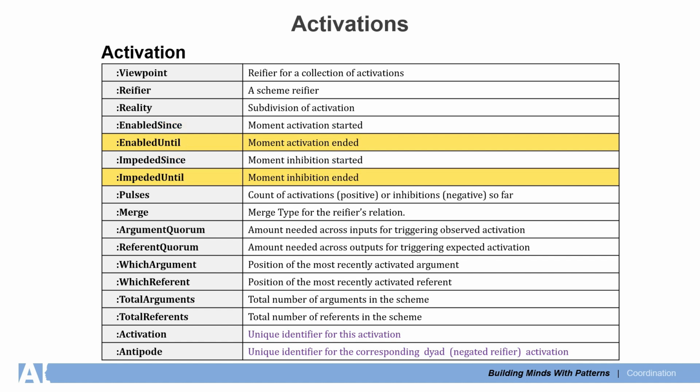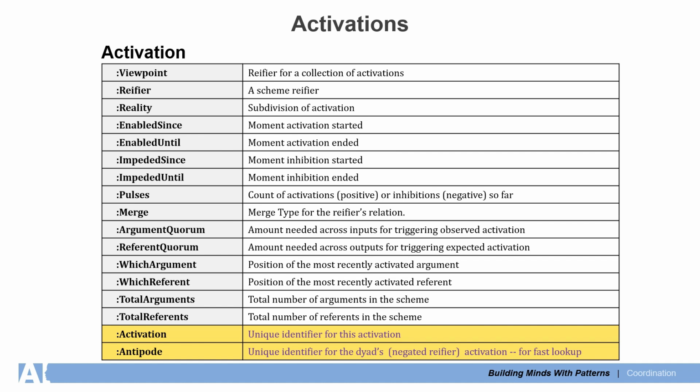And it shows when the activation terminated, using the enabled until and impeded until fields. The pulses is a count of the activations received or inhibitions received. The merge is the flow or the merge type for the relation of the scheme.